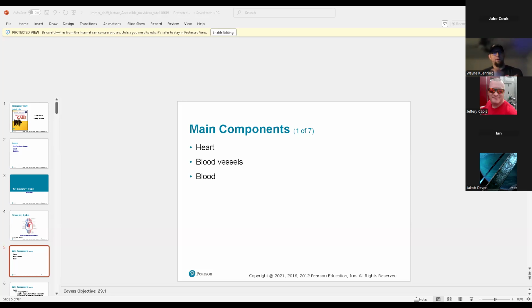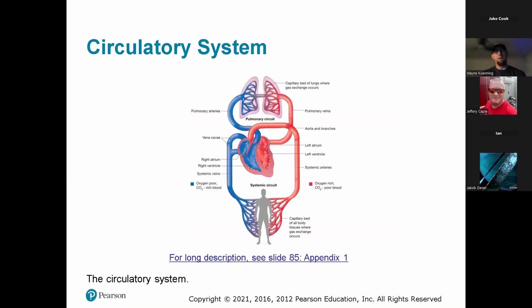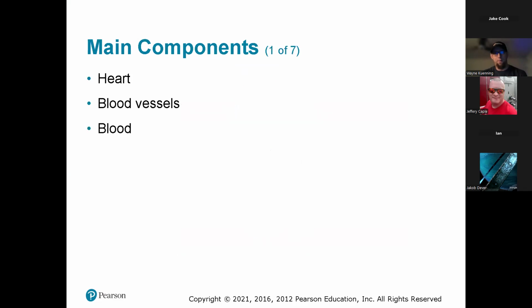My apologies, I had to double check myself. They did change it. The pulmonary arteries carry deoxygenated blood away from the right side of the heart to the lungs, and then the pulmonary veins carry oxygenated blood back to the left atrium to be circulated through the body.